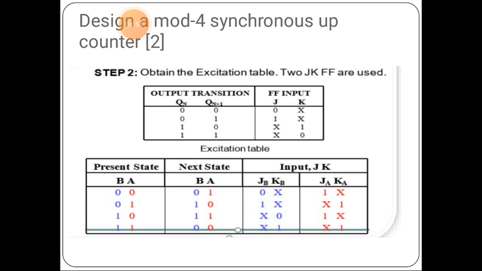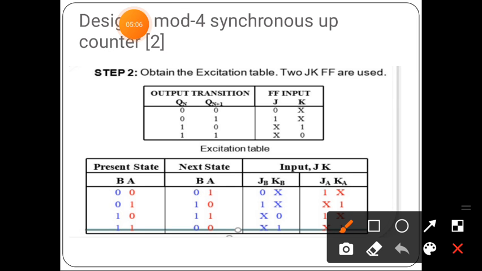So the next step is to obtain the excitation table. Here we are using JK flip flop, so the JK flip flop excitation table is here. Excitation table means we are given the present and next output, and from that we find the J and K input values.